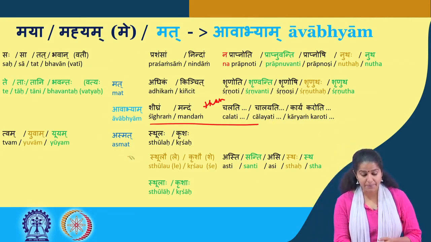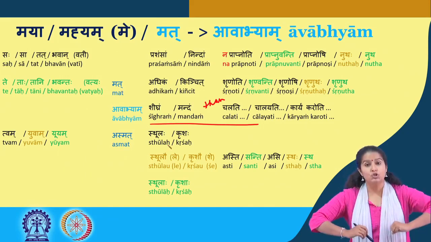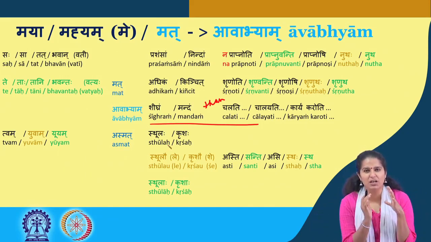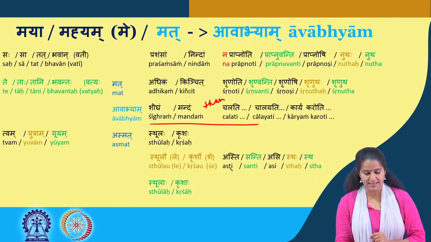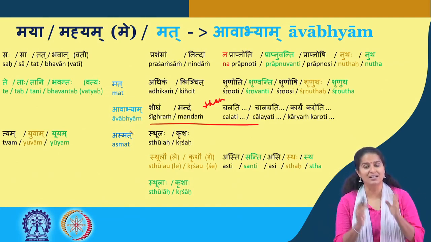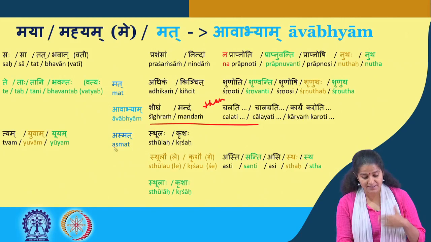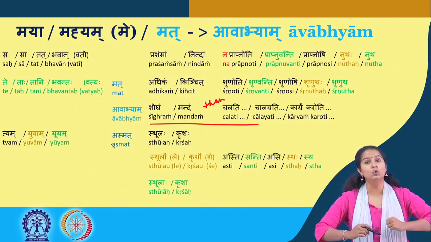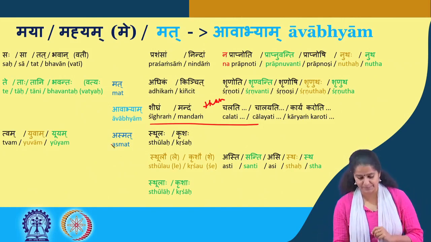Similarly, you can say saha mat sthulaha, fat, or krishaha, thin asti. Saha mat sthulaha or avabhyam, sthulaha krisha asti. Saha asmat sthulaha krishaha asti.